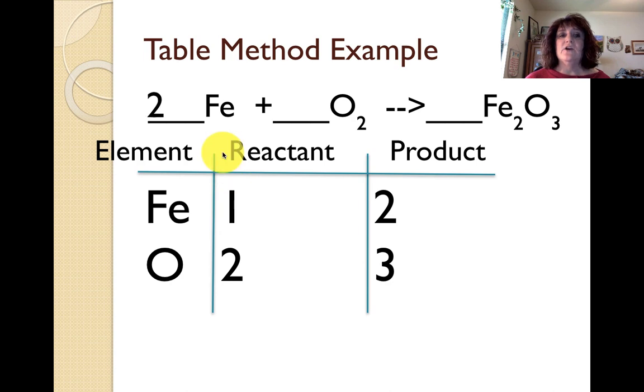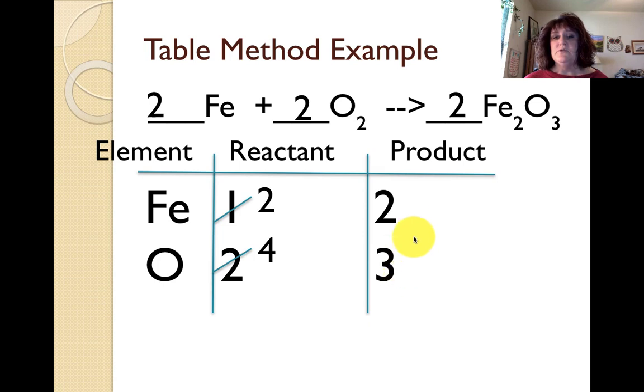So starting at the top, iron doesn't match. So I add a coefficient of 2 and I change my table that now I have 2 iron. Okay, so now my iron matches. My oxygen doesn't. So I add a coefficient of 2. Now I have 4 oxygen as a reactant, but it doesn't match. I add a coefficient of 2 and I change my table.